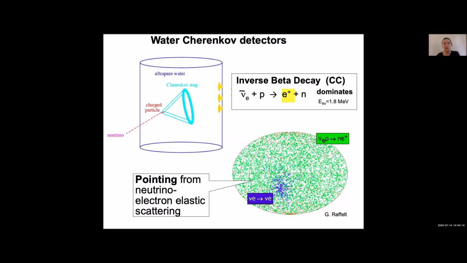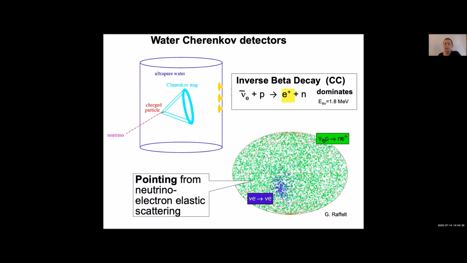This is where the particles that result from neutrino interactions, the charged particles, create Cherenkov light when they're going faster than c over n in the material, and you get a directional ring. And this is actually very important for supernova neutrino detection, in that when you have elastic scattering on electrons, the electrons remember the direction in which they were kicked.